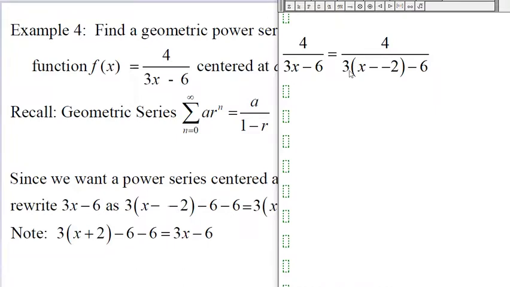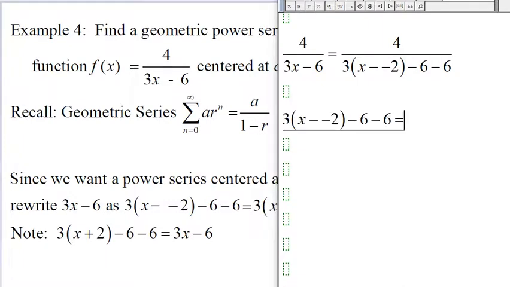Actually, this negative becomes positive. So when we put a negative 2 in here, we added 3 times 2, which is 6, to this expression. And since we added 6, we need to take away 6. Then we can verify that this part right here is 3x minus 6.